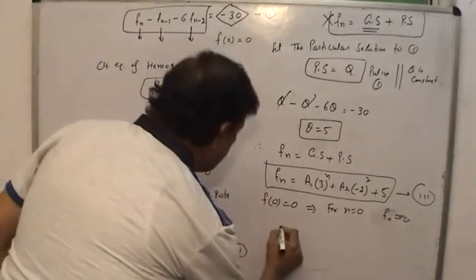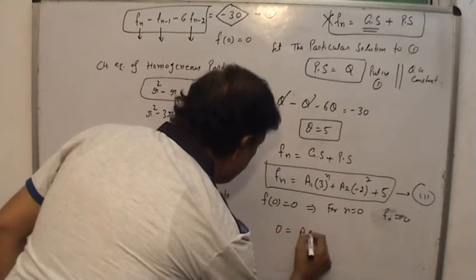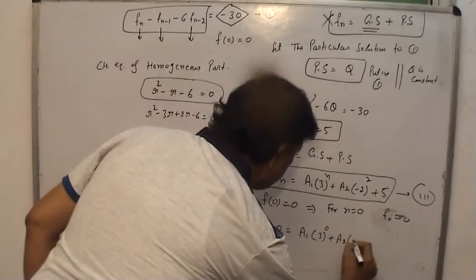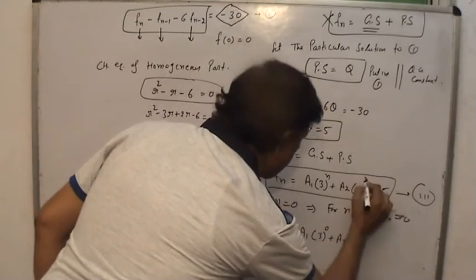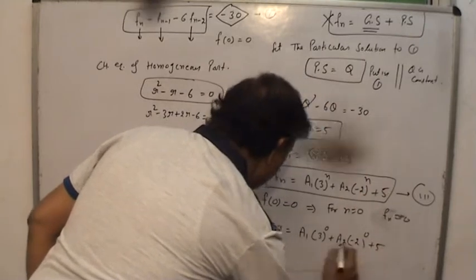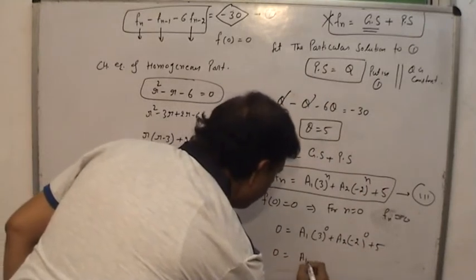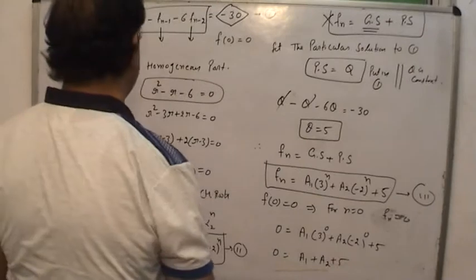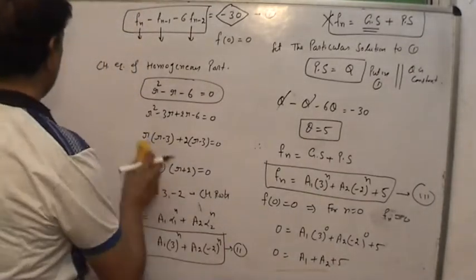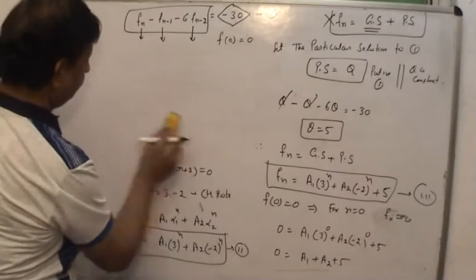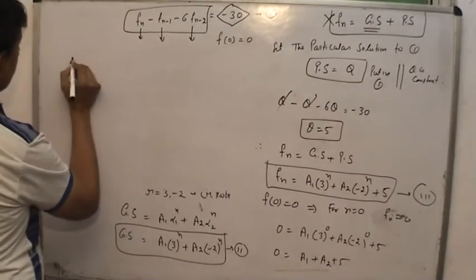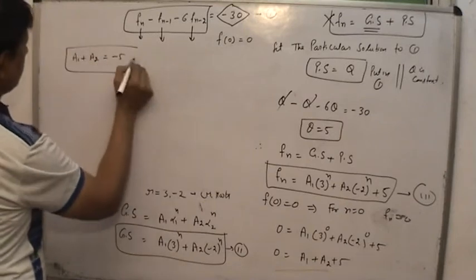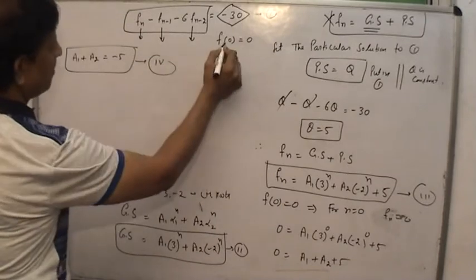Here 0 is equal to A1 into 3 raised to the power 0 plus A2 into minus 2 raised to the power 0 plus 5. Now 0 is equal to A1 plus A2 plus 5. Here we get the first equation, A1 plus A2 is equal to minus 5. Say it's number 4. It is the first initial condition.